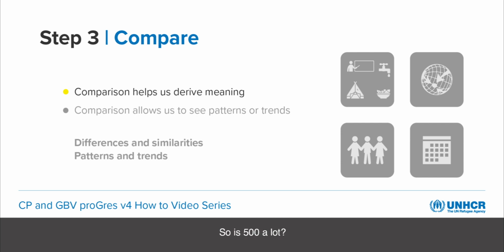So is 500 a lot? Maybe in one country that's crazy high, and maybe in another country that's really very small. So to give meaning to one number, you need to have something to compare it with. And it allows us also to see patterns and trends.